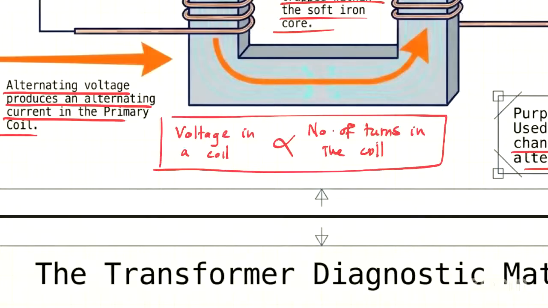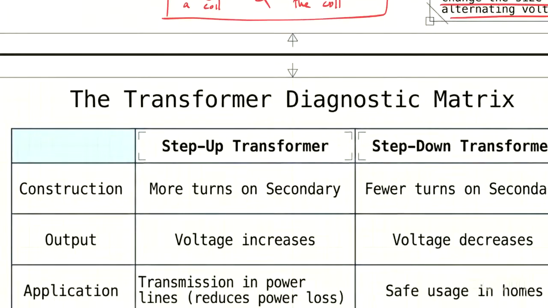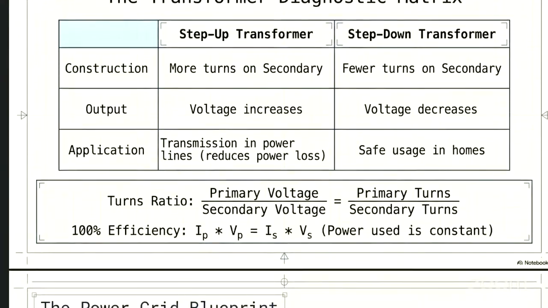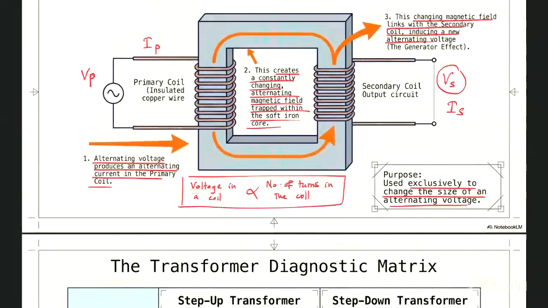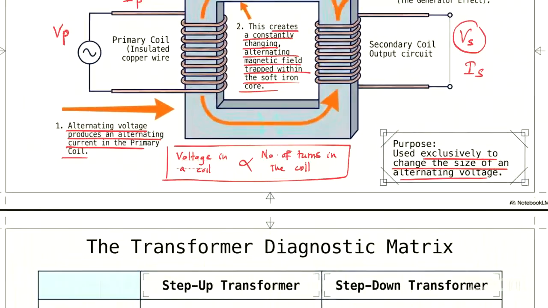So the voltage is directly proportional to the number of turns in the coil. By using it, we can get an equation.